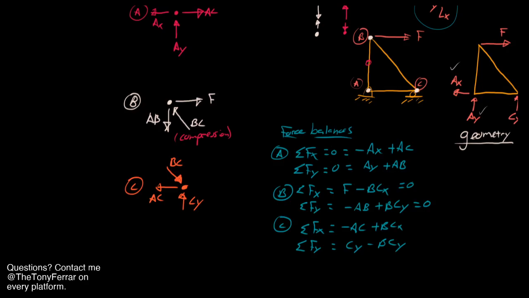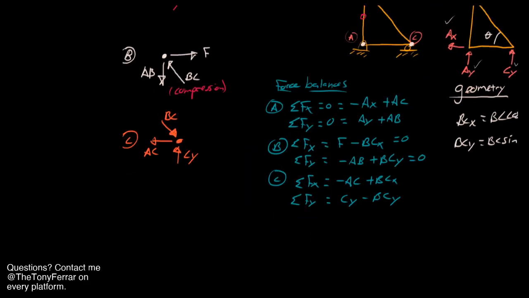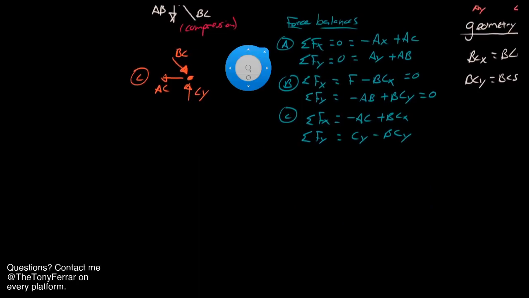So if we call this angle here theta, we can write that BCx would be equal to BC cosine theta, and BCy would be equal to BC sine theta. And now we can sub that into our force balances and move on to the final step, which is actually going to be solving the problem.